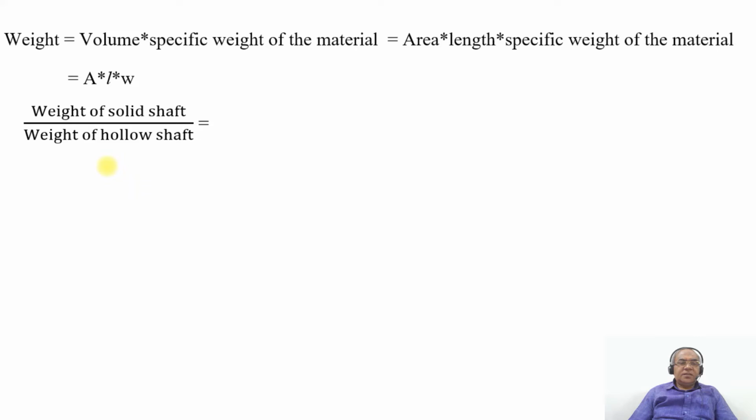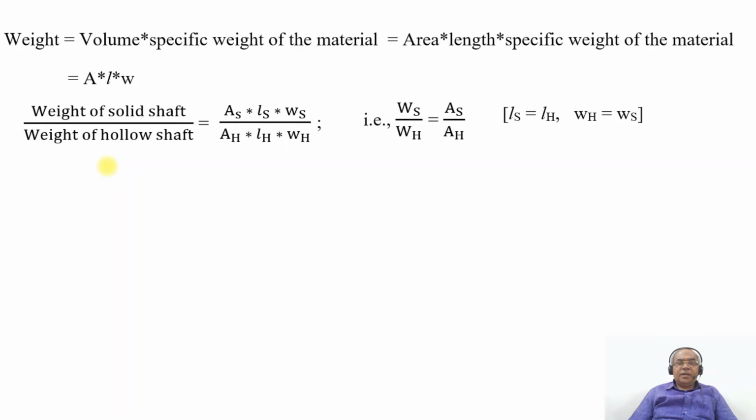So the weight of the solid shaft divided by the weight of the hollow shaft is AS into LS into small ws divided by AH into LH into WH. So WS by WH equals AS by AH, because LS equals LH and small ws equals small wh.